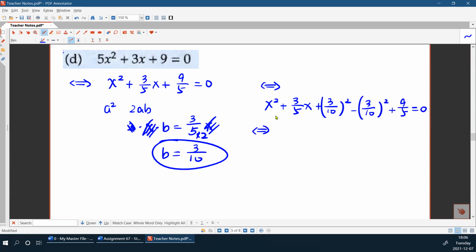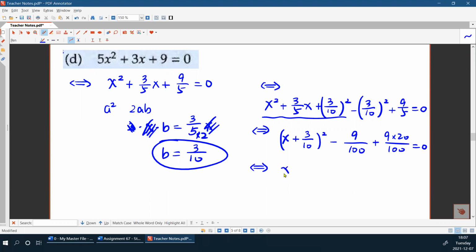And this can be further rewritten, for the first three terms, as (x plus 3 over 10) squared, and then minus 9 over 100 plus 9 times 20 over 100 is 0, right?